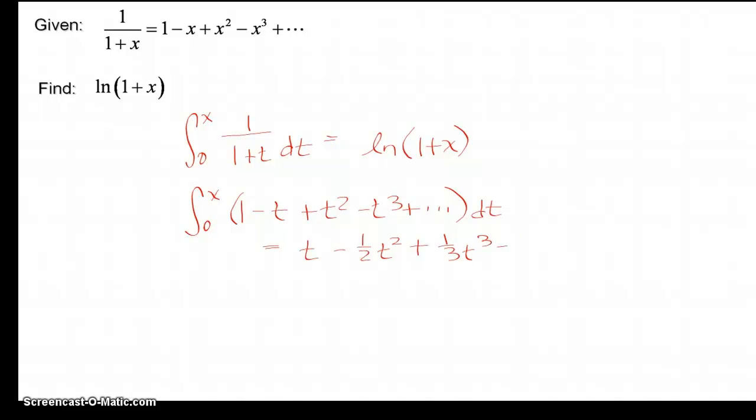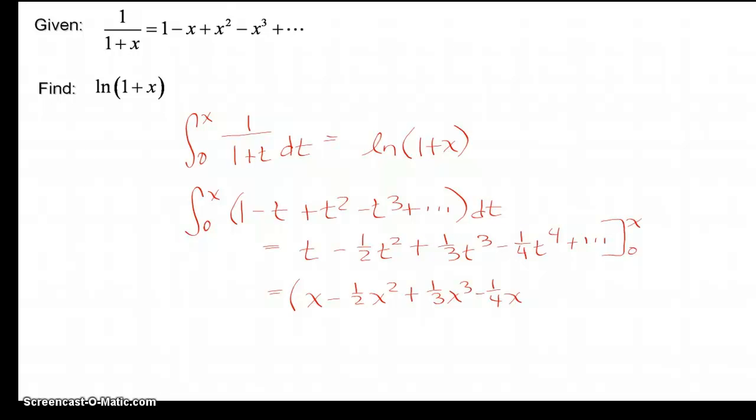So make sure you're careful with your notation in this context. We have the upper limit... Oh, wow. Dropped the ball on that. Also dropped the ball on notation. Goodness.